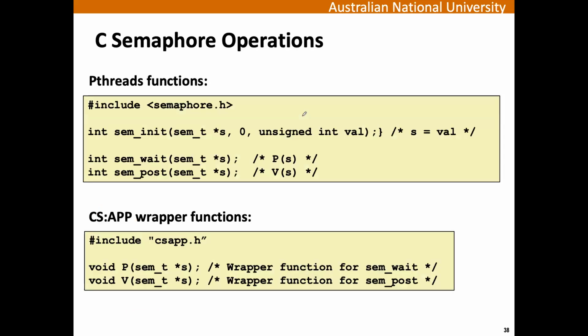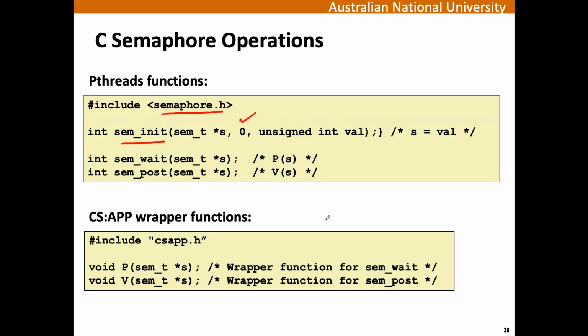So the header file that provides the semaphore operations is semaphore.h. This is from the POSIX standard. To initialize a semaphore, we use sem_init. The middle argument will be 0.